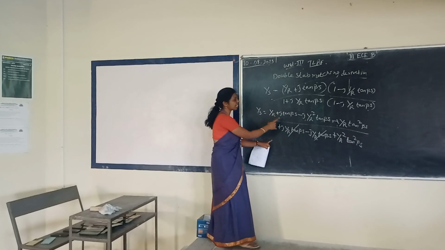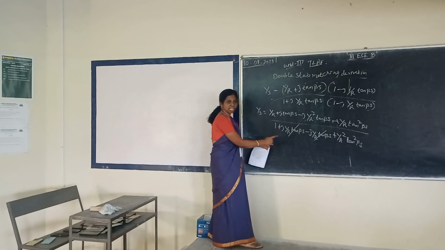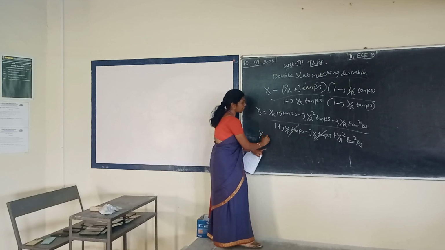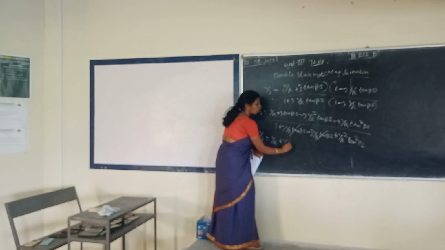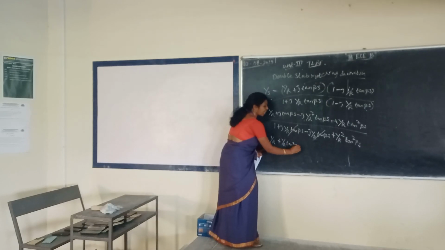So in the numerator term, we can group the real term and the imaginary term. So real term is y r, right? First we can write the real term, then we can group it. Y r tan square theta s.